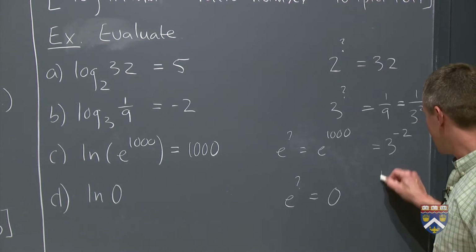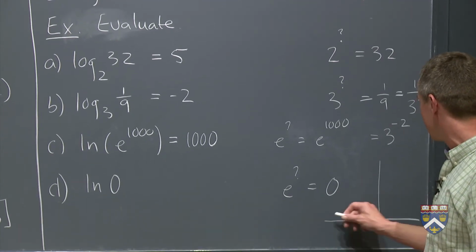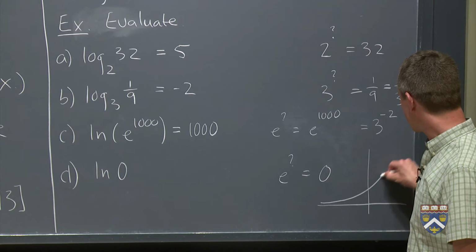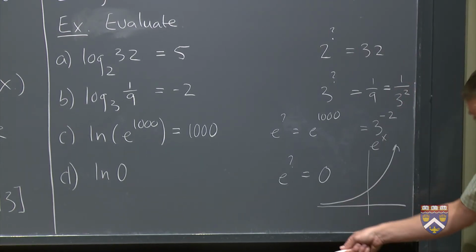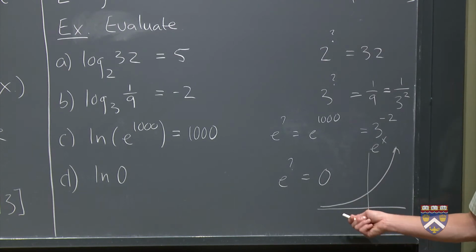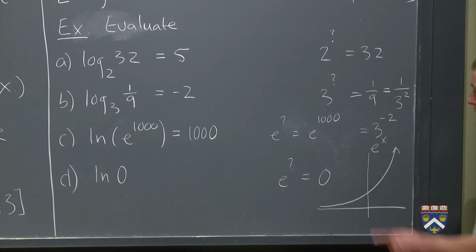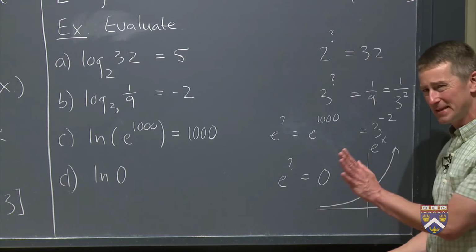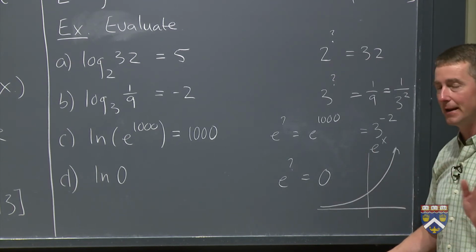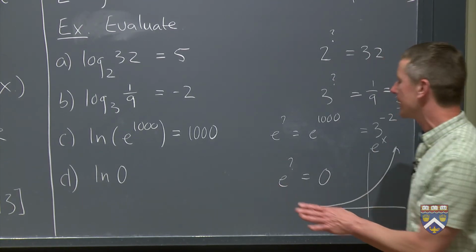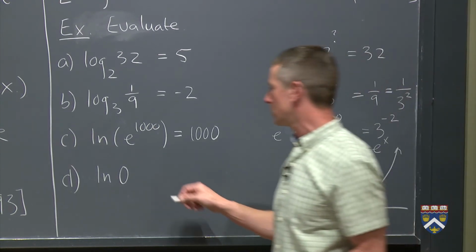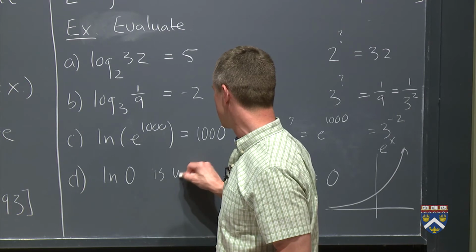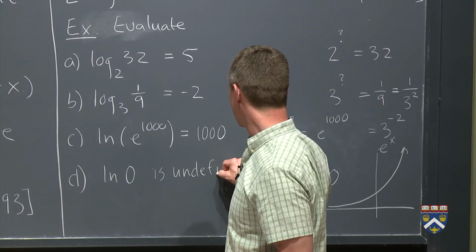In fact, that's not possible, because we know that the graph of e to the x, like any of our exponential functions from last week, never gets down to the x-axis, right? We have an asymptote. So there is no exponent to which I can raise e. You might be tempted to say something like negative infinity, but negative infinity is not a number. So you've got to pick an actual number. There is no number to which I can raise e to get an answer of 0. So therefore, we have to say that this is undefined.